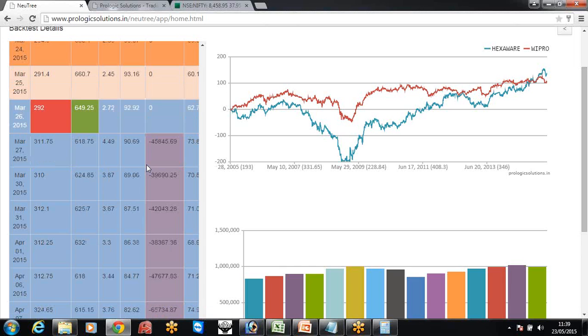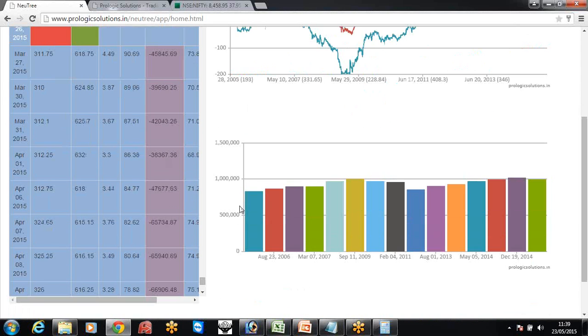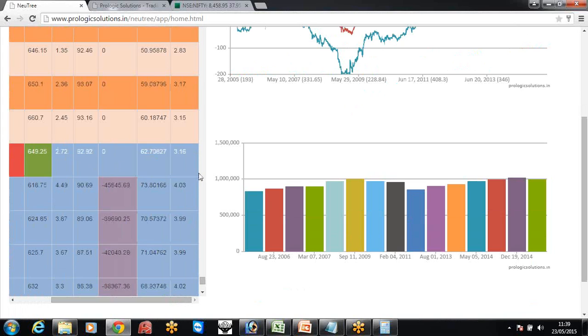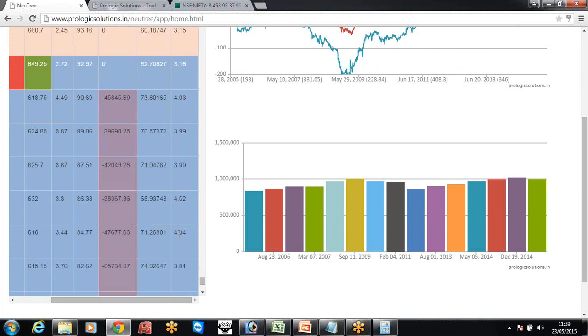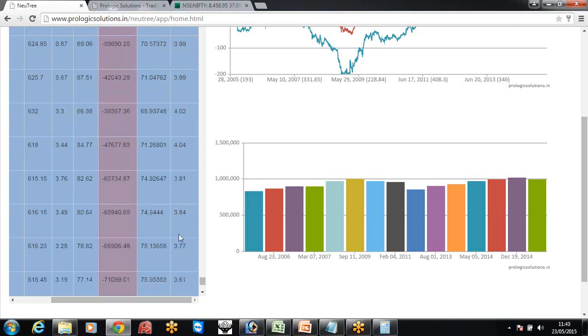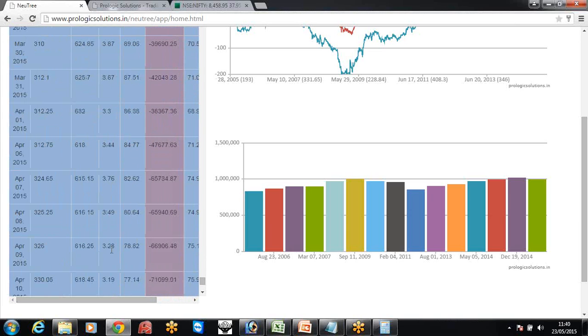I saw this particular trade. You can check the volatility was okay. 2.53, that's okay. The next day it was 3.99. There was fundamental news actually. To be frank, the reason we had that kind of loss was that a dividend was announced in Hexaware.